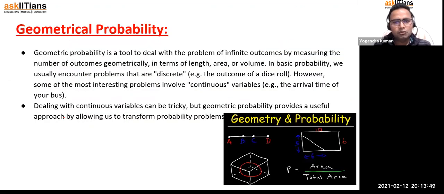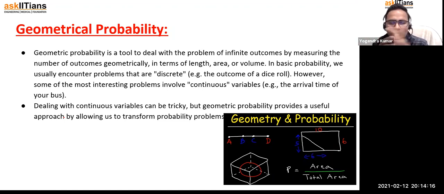So let's see. Now, geometrical probability is the main thing we want to cover in this lecture. As I told you before, geometrical probability is a tool to deal with the problems of infinite outcomes, right? Like in a circle we have infinitely many points. So listing them out, the number is infinite, it's huge.